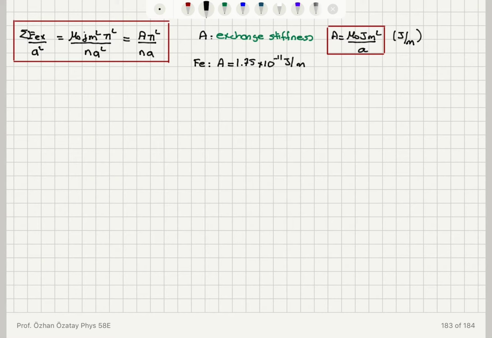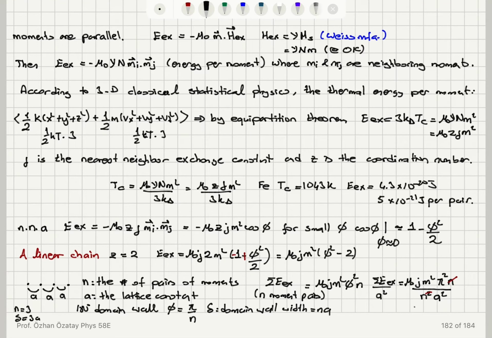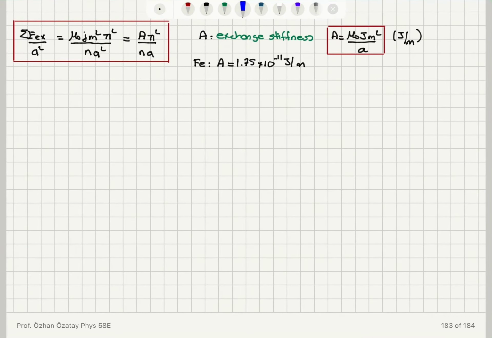Now I want to write the anisotropy energy, the other side of the story. So here I have talked about exchange. This part was about the exchange picture. And here I want to talk about the anisotropy picture. So I'm assuming a uniaxial anisotropy with anisotropy constant K1.